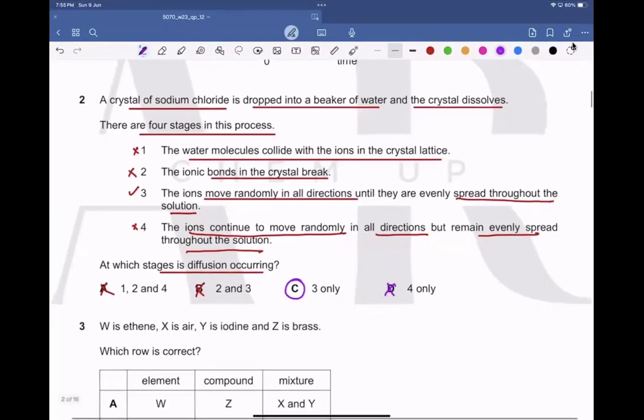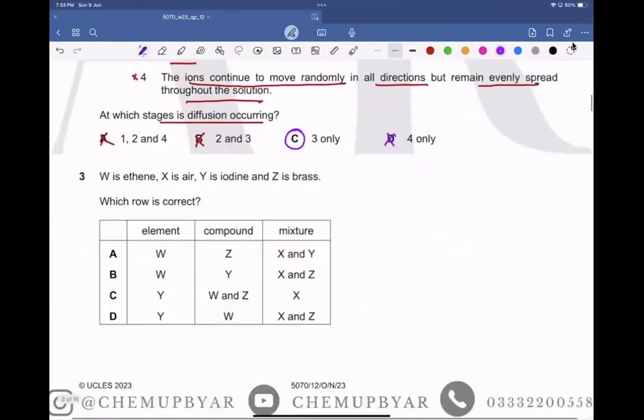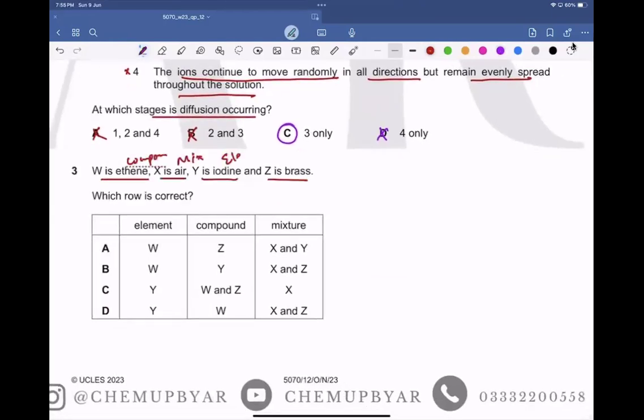Now, question number 3. W is ethene, X is air, Y is iodine, Z is brass. W is ethene, so it's a compound, right? X is a mixture. Y is an element. And Z is a mixture as well.